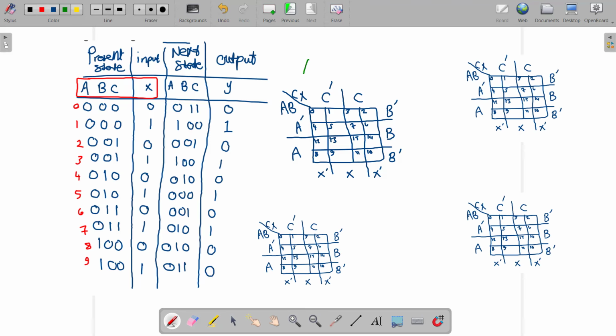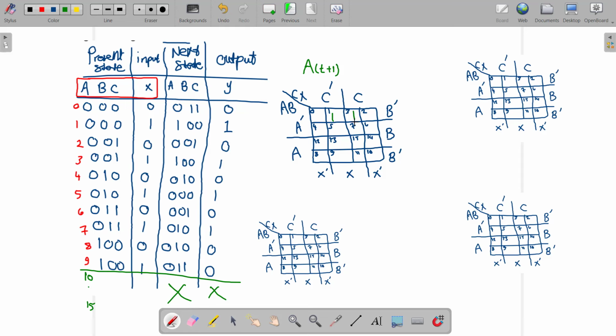Okay, let's start with the A(t+1). We say that we have this is the 0, 1, 3. So what about the 10 up to 15? All of them are the don't care.